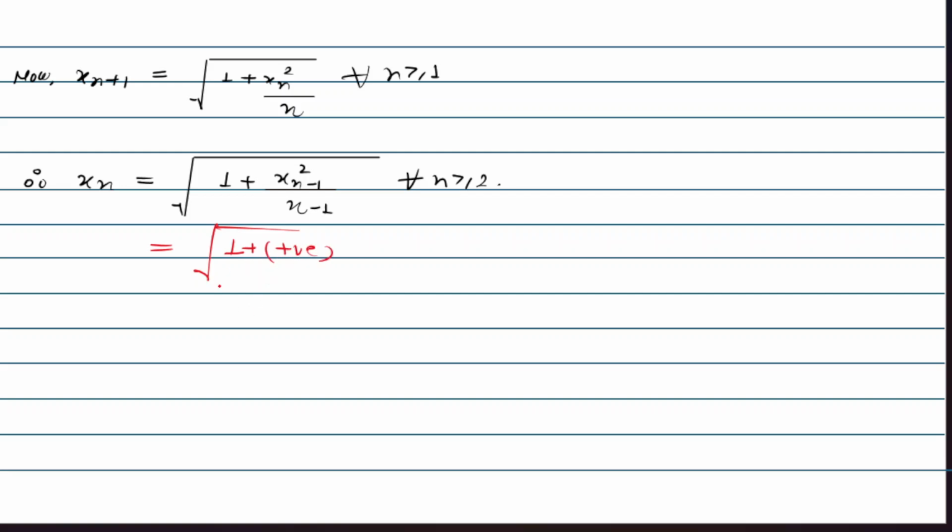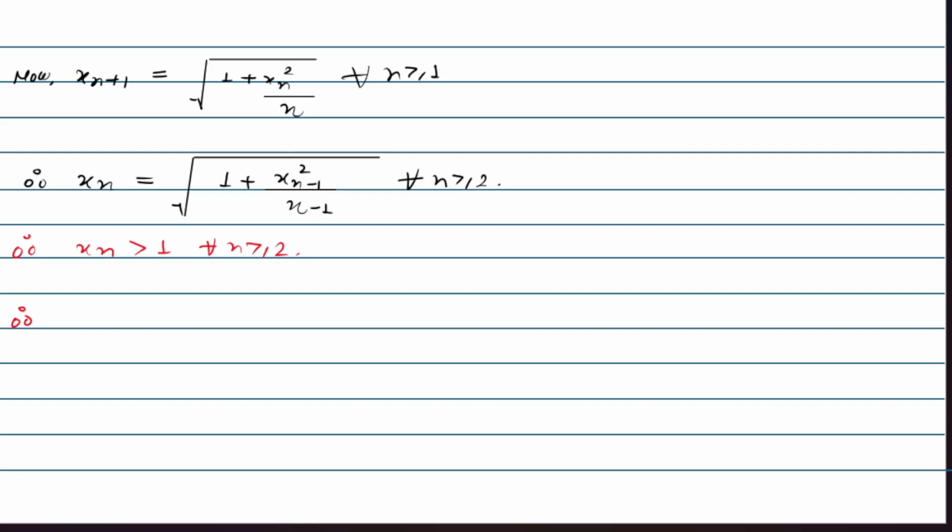This means whatever comes out of the square root will always be greater than 1. Therefore, xn is always greater than 1 for every n greater than or equal to 2.